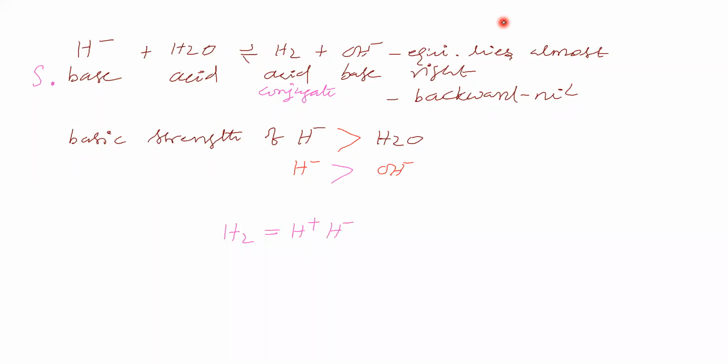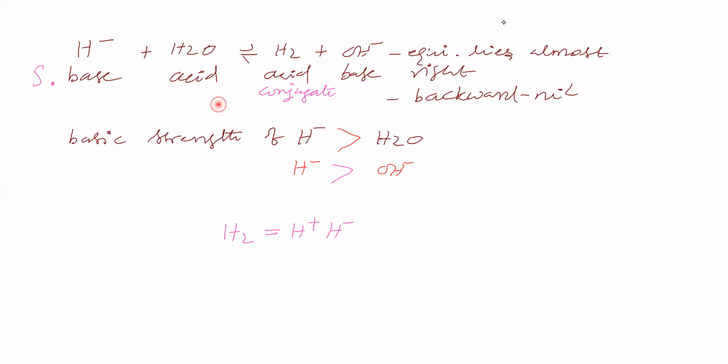That's why no backward. No backward means hydrogen is not converting into H minus. Why is hydrogen not converting into H minus? Because hydrogen is unable to give H plus to OH minus. Isn't it? This H2 is unable to give H plus to OH minus.